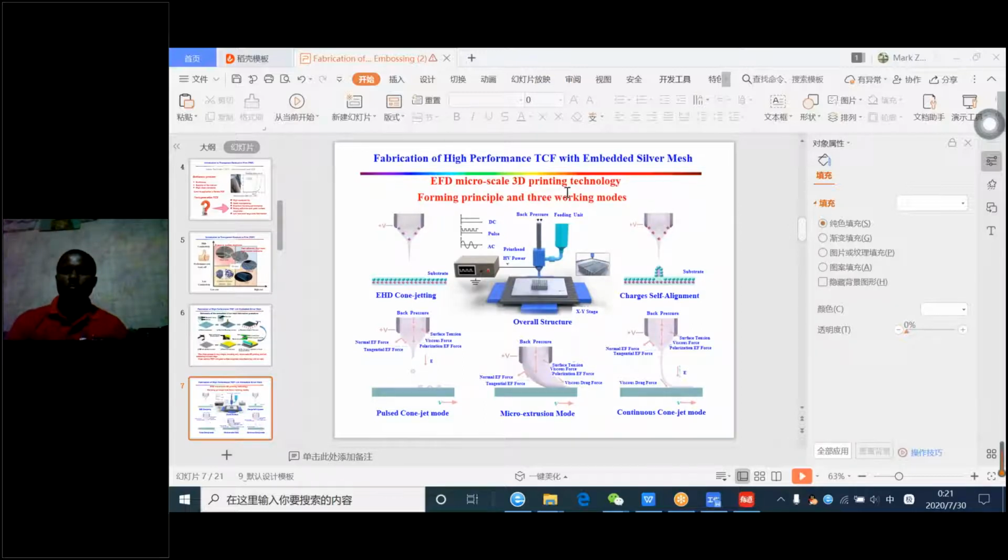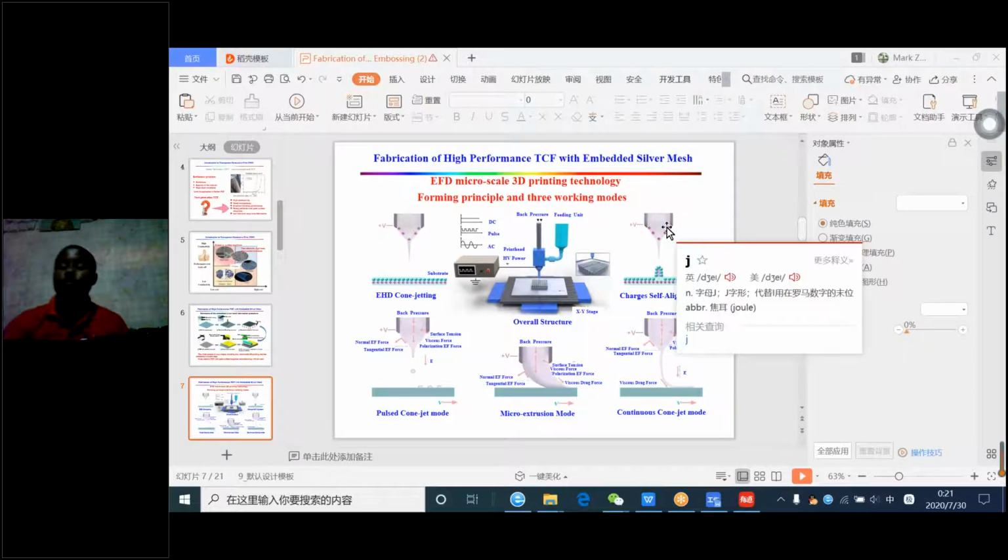The EFD micro-scale 3D printing is a novel printing method where the electric field used is a self-excited electrostatic field induced by a nozzle with a high potential, which is different from the traditional electrospinning.